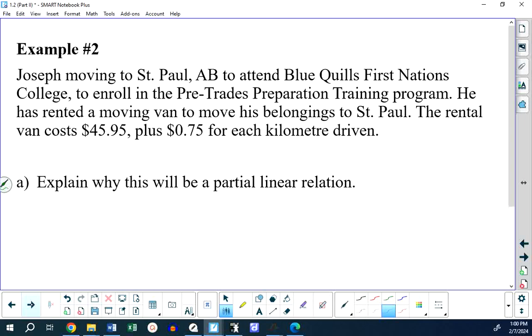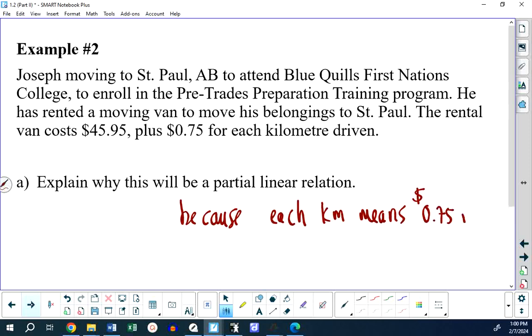So why will this be a partial linear relation? There are two reasons. Because each kilometer means this much more. I don't think we need to write a data table here. But if we did, if you went up 1 kilometer, it would go up 75 cents. Up 1 kilometer, up 75 cents.